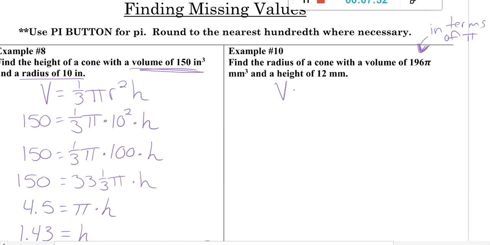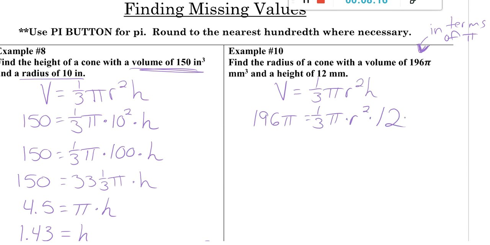So if I write out my formula again, volume equals 1/3 pi radius squared times h. My volume is 196 pi, and then 1/3 pi times radius squared times 12. Okay, so 12 times 1/3 is going to be 4.